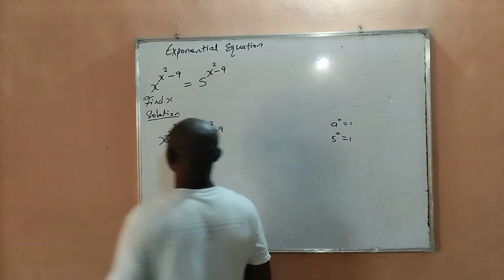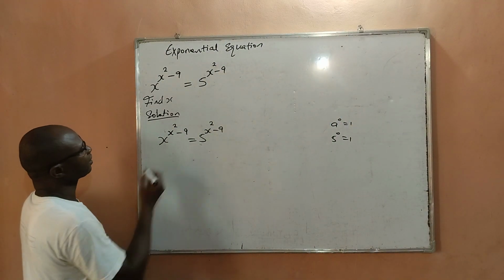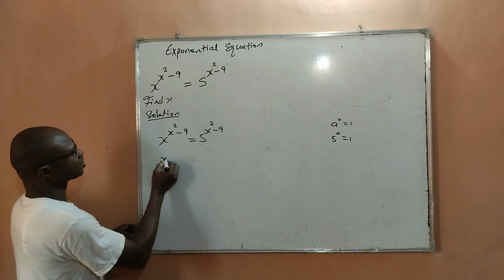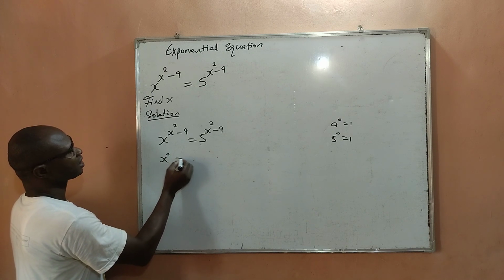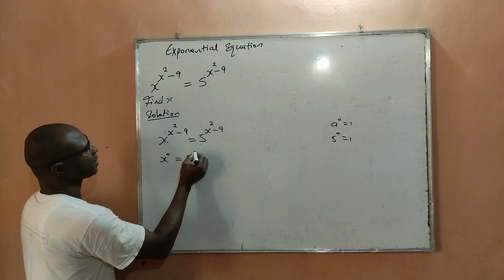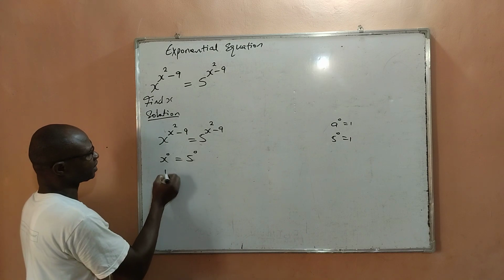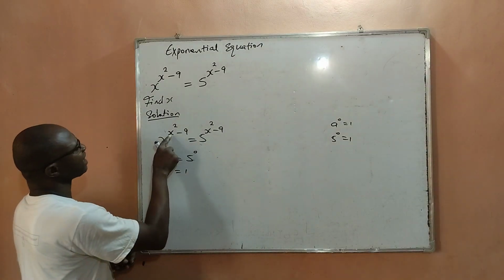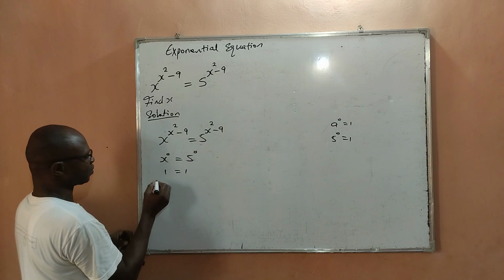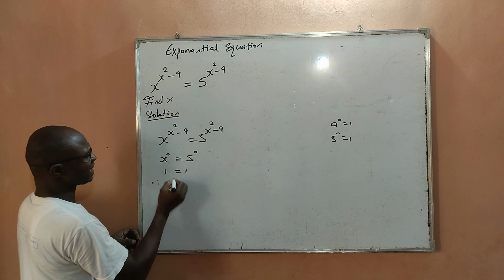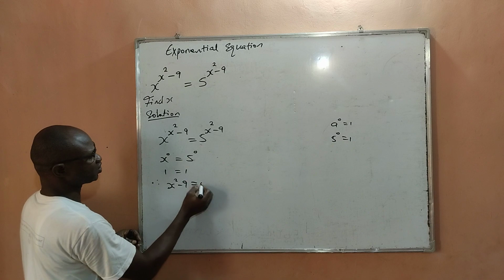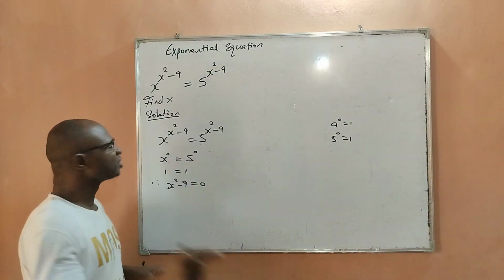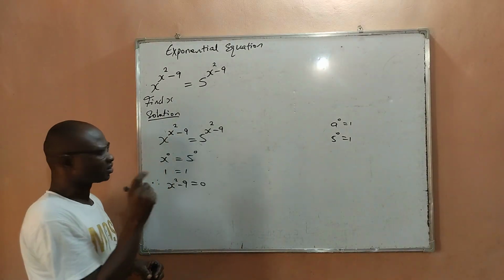Let's dive in. Now, recall that x raised to the power 0 equal to 5 raised to the power 0, both of them give me 1 equal to 1. Therefore, let me make x raised to the power 2 minus 9 equal to 0, because that is the condition that can make the exponent equal to 0.